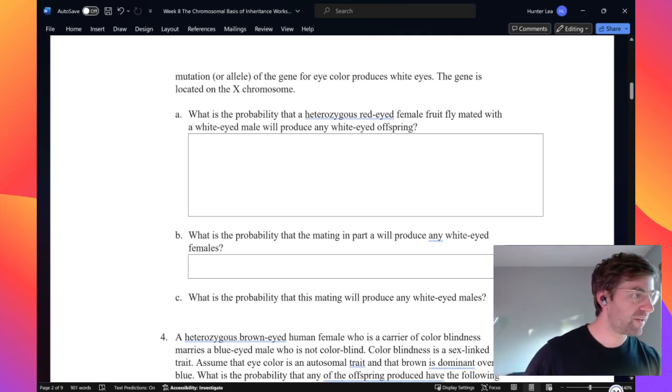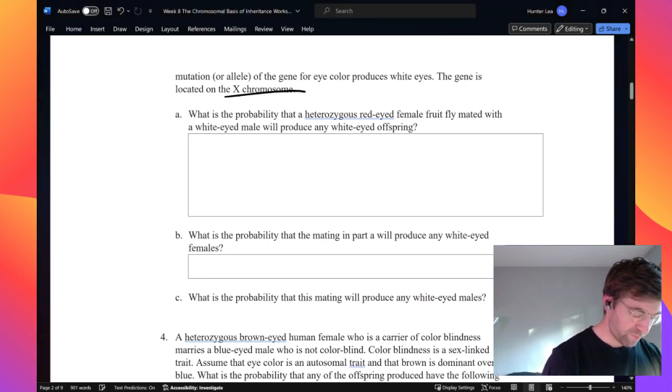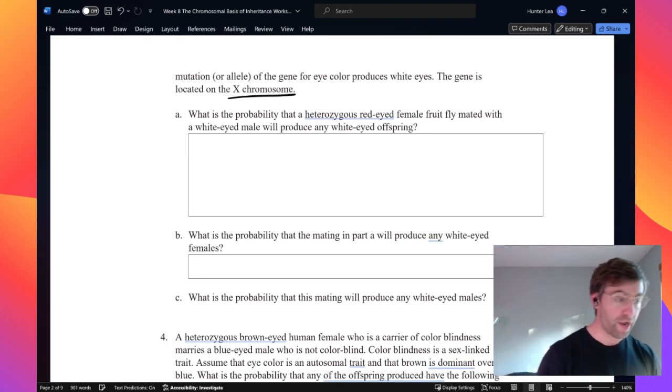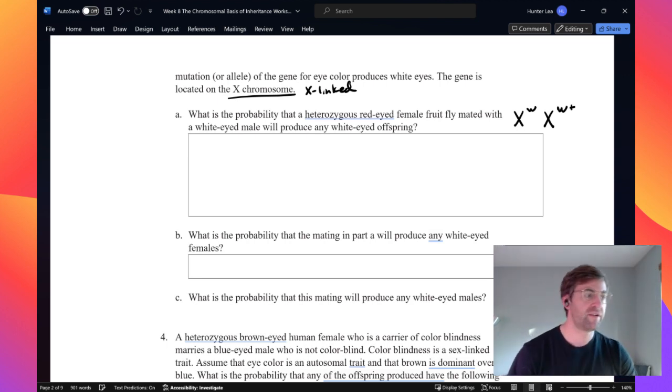So we have to set this one up a little bit differently. Because this gene is located on the X chromosome, this is a sex-linked gene. It is not autosomal. Because it's X-linked, we're going to have two different possibilities for that gene.